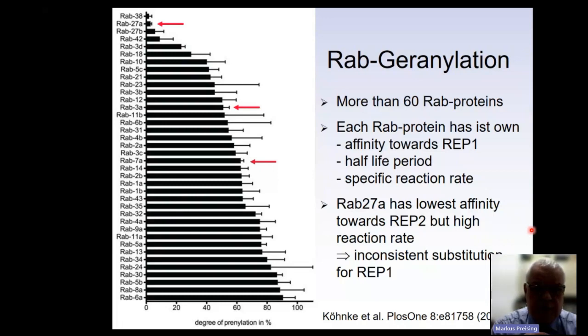The problem is each Rep protein has a specific affinity towards Rep1, has a certain half-life period where it is active, and has a specific reaction rate. So what we need is a protein that supports those Rep proteins that do a similar activity to those that have these specificities towards the Rep1 protein.